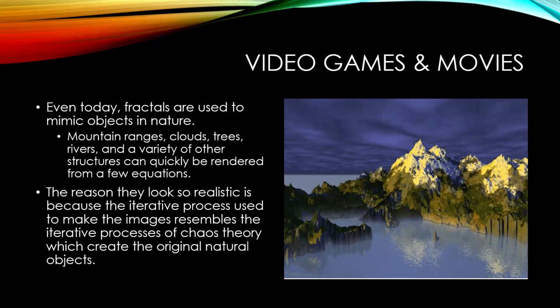When you think about how a tree is made, it's an iterative process. When we think about how we are generating a tree on a mountainside, that is a similar iterative process. So this image here is a fractal. It's just one which is made to look like a mountain range.